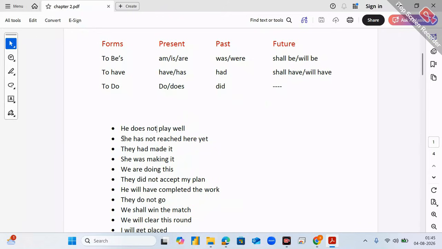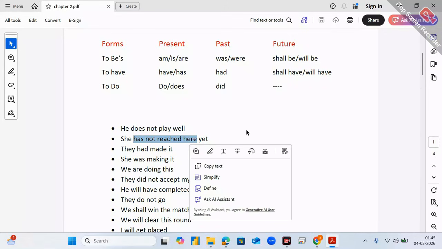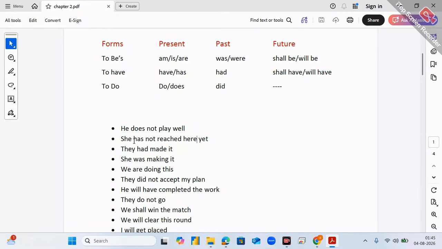Next, she has not reached here yet. In this sentence, you guys need to focus on which helping verb is there and in which format it is, like to be, to have or to do. Here has is there, means to have forms are there, have and has.